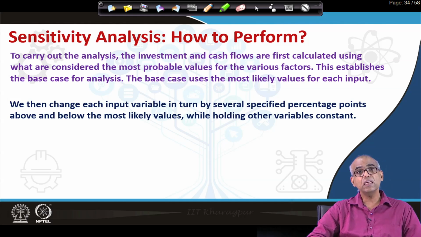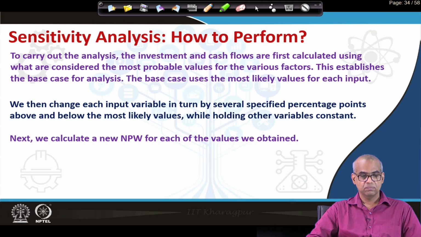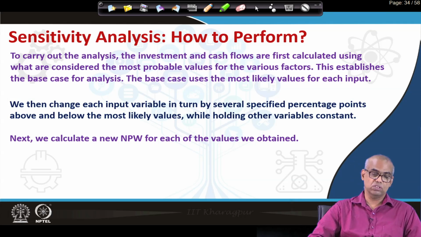I take each factor in turn and change it by, say, minus 5%, minus 10%, minus 20%. On the other hand, plus 5%, plus 10%, plus 20%, and compute the net present worth.